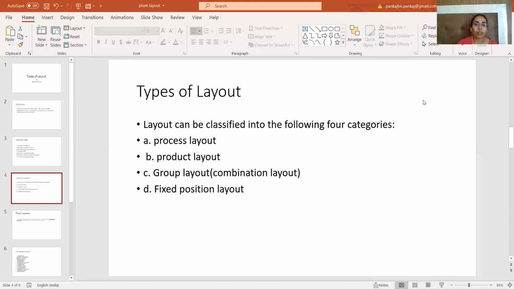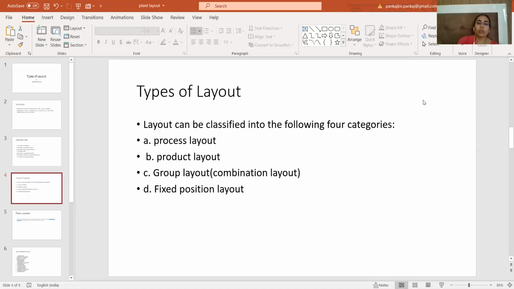Process layout is basically used in the automobile industry. Product layout is used generally in FMCG. Group layout is used by various organizations engaged in manufacturing of some product, which also include certain kinds of processing around one station itself.